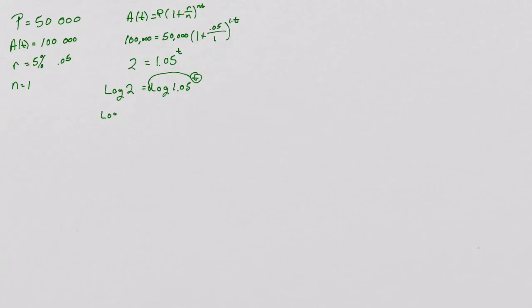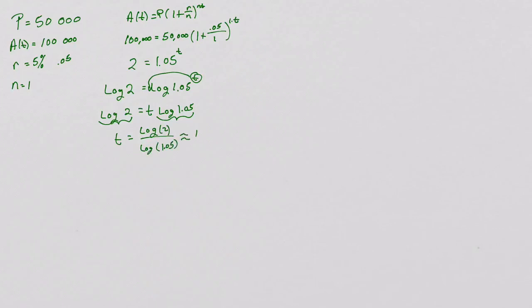So I'm going to get log 2 equals t log of 1.05. This is a number. Log 2 is a number. So to get t by itself, I divide by the entire log of 1.05. Therefore, t equals log of 2 divided by log of 1.05.